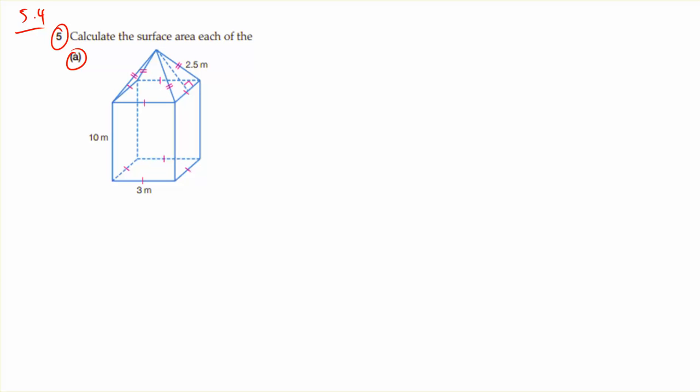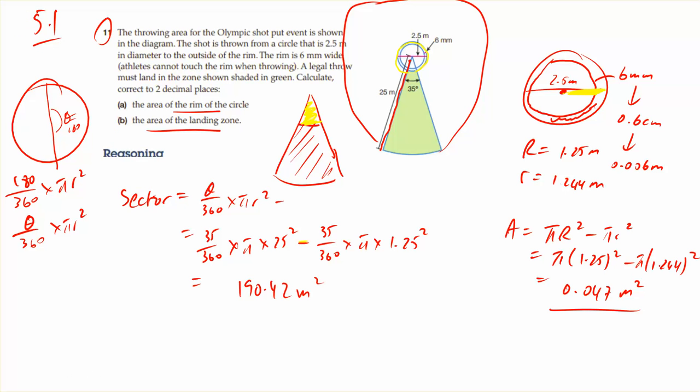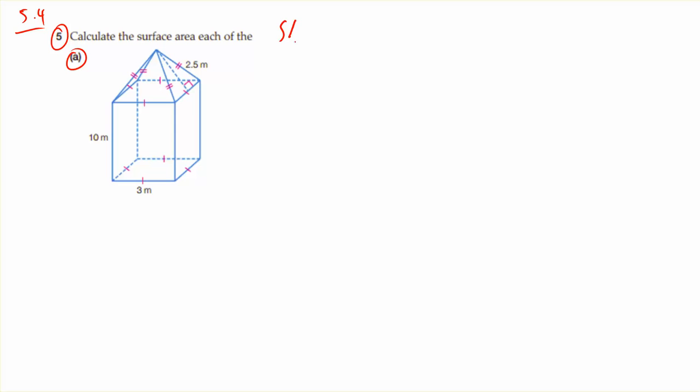You're just working out the surface area of a square base pyramid, which is a tapered solid, and a rectangular prism. Now, the only thing is, if you look at the formula for a square base pyramid, it's b squared plus 2bh.